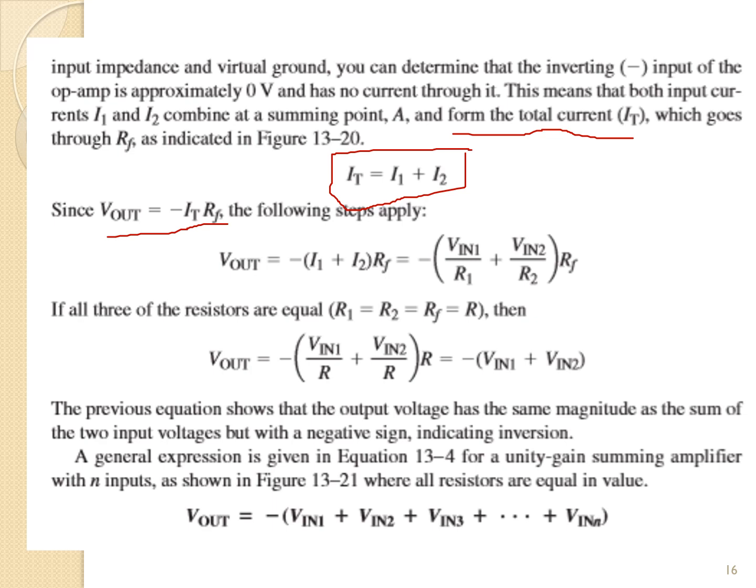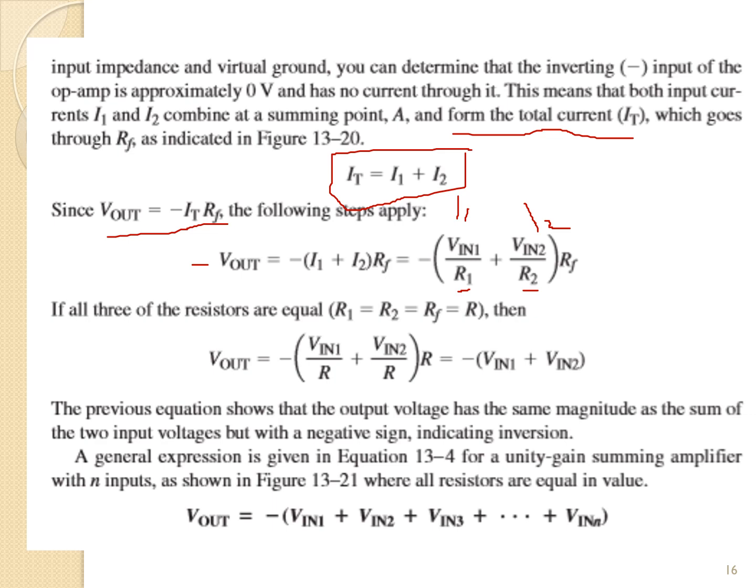V out is equal to negative I1 plus I2 times RF, where I1 is equal to V in 1 over R1 and I2 is equal to V in 2 over R2.